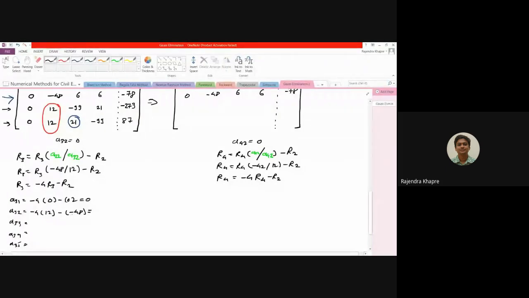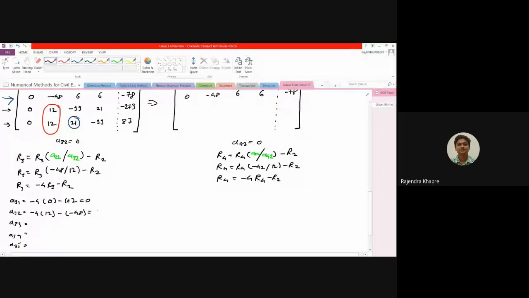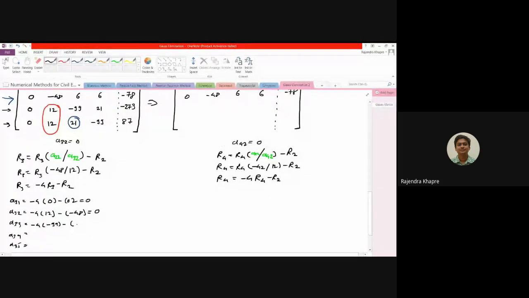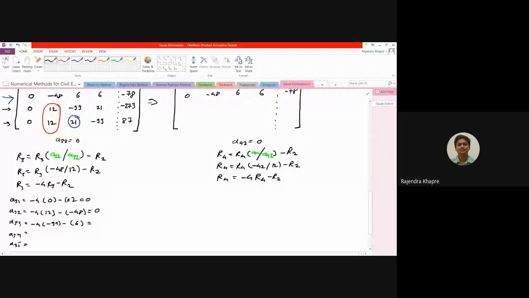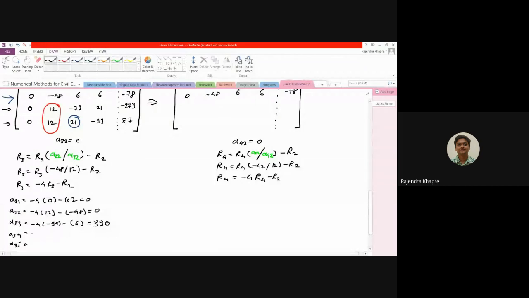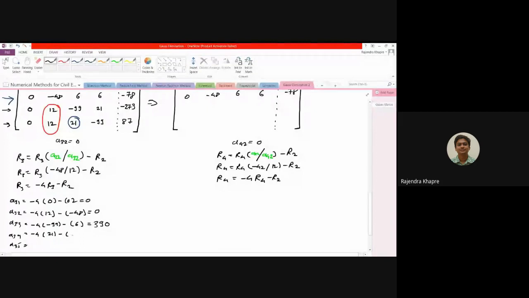How much is this? 0. It should be 0. Then we have minus 4, then the third element is minus 99, and just above minus 99 we have 6. How much is this? 390. Here you have minus 4, and after 99 we have 21, and just above 21 again we have 6.